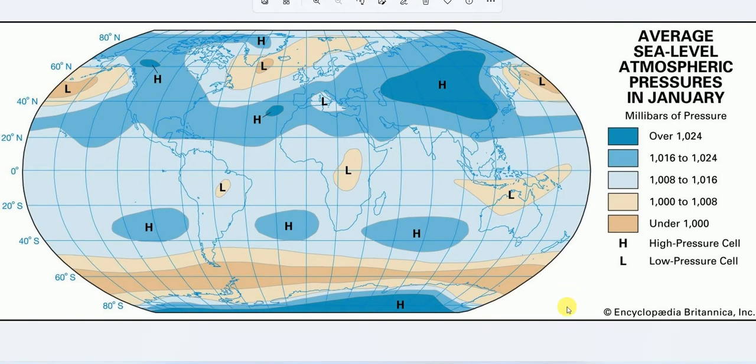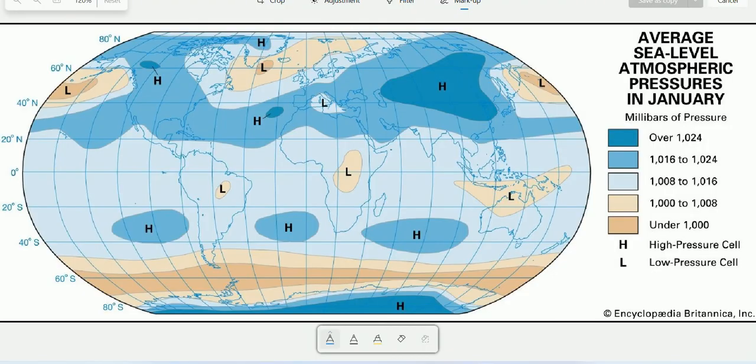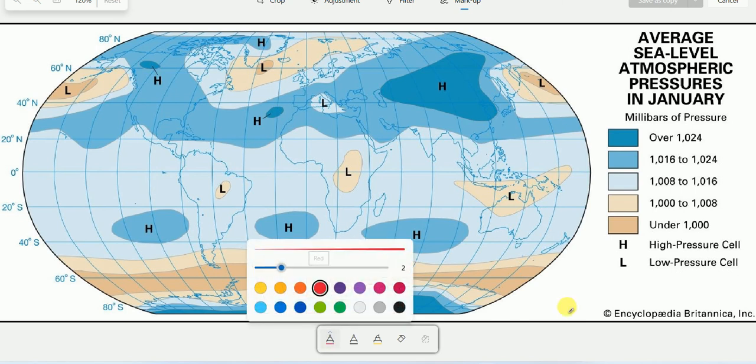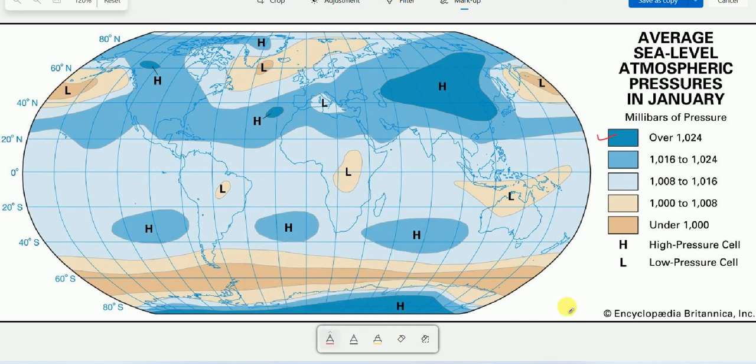This map also shows average sea level atmospheric pressure in January. Okay, and you may see the index also. Just see this index, and this represents high pressure condition over 1024 millibar. And in this January, in the northern hemisphere, we find high pressure over the continent.